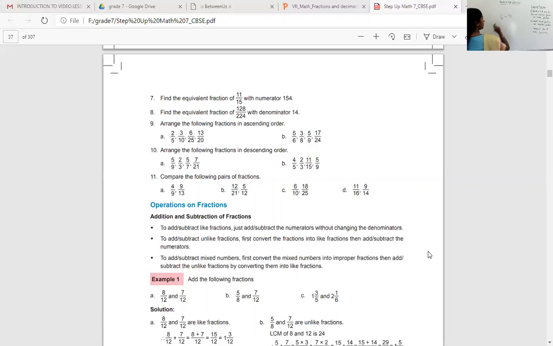You have to find an equivalent fraction of 11 by 15 in such a way that the numerator is 154. How do we get the denominator of that equivalent fraction?